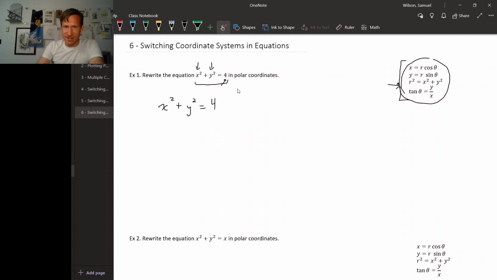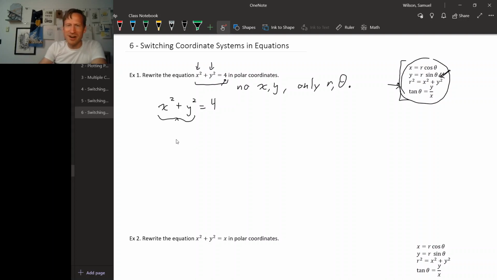So the idea here is that when we're done, we want no x's and y's. We want only r's and thetas. Then we'll have successfully switched from a rectangular equation to a polar equation. For this particular equation, there's a really nice shortcut. X squared plus y squared, well that's the right-hand side of one of our translation equations down here.